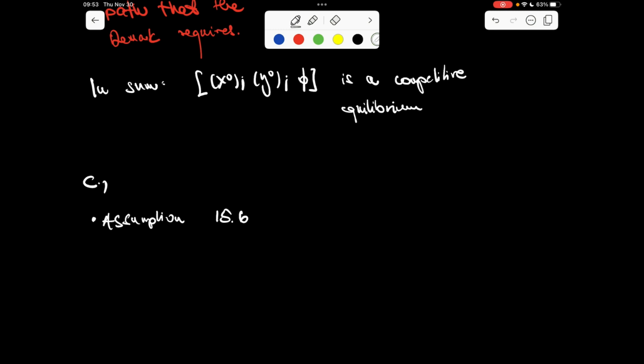assumption 15.6 means that a truncated sequence remains in X or Y respectively. This is trivial given the fact that the 0 sequence is in both the consumption set and the production set.